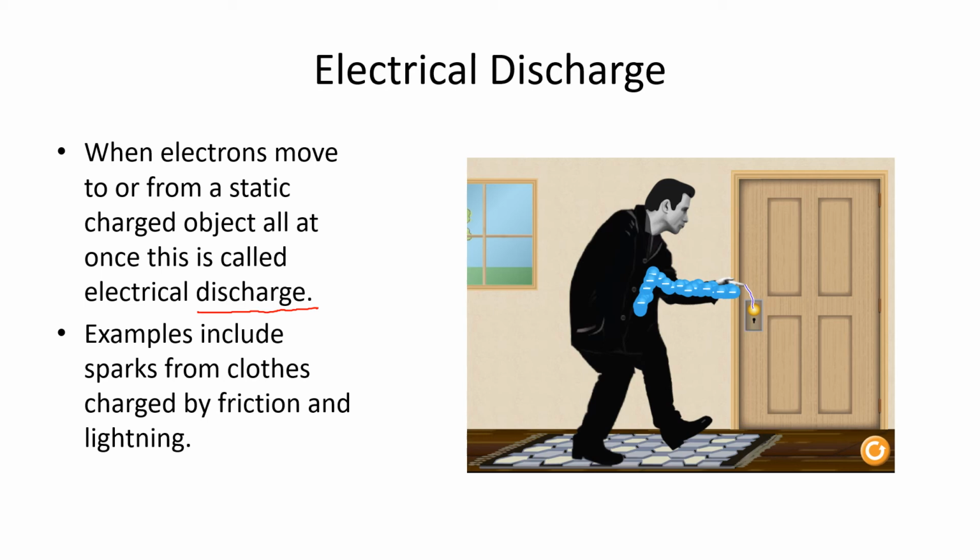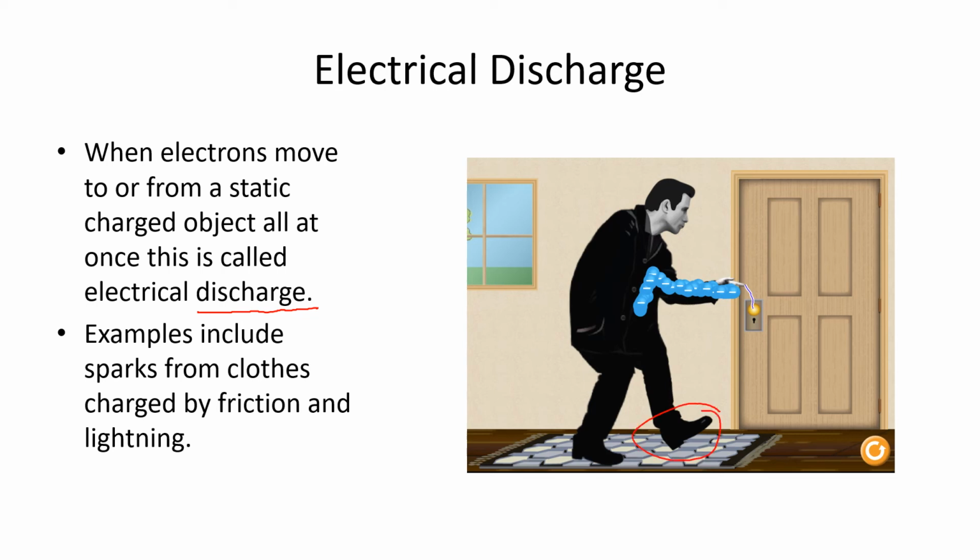Anytime you see, maybe when you're taking your sweater off, little sparks inside there as your shirt rubs against your sweater, those are little tiny electrical discharges where electrons are jumping and trying to neutralize a charge when there's a difference. You might have rubbed your feet on the carpet like this little app.